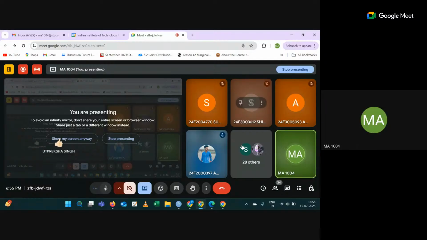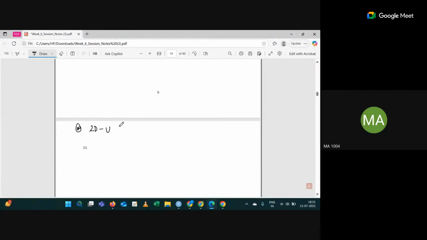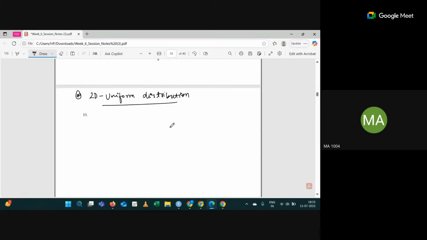Okay, so let me quickly go to this part called the 2D uniform distribution. What is this 2D uniform distribution? What is the basic idea?